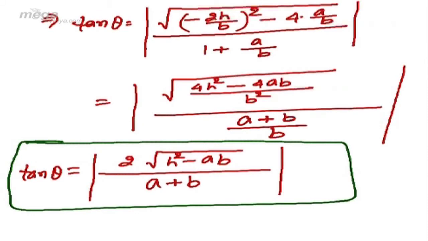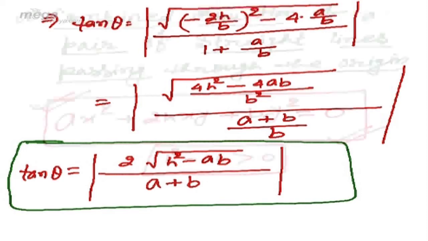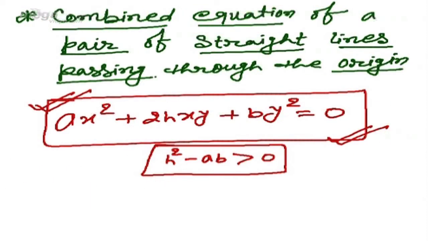Now you can see when this theta will be real, when it will exist. Your answer will be when h square minus ab is greater than 0. This is the main reason why we wrote h square minus ab greater than 0.